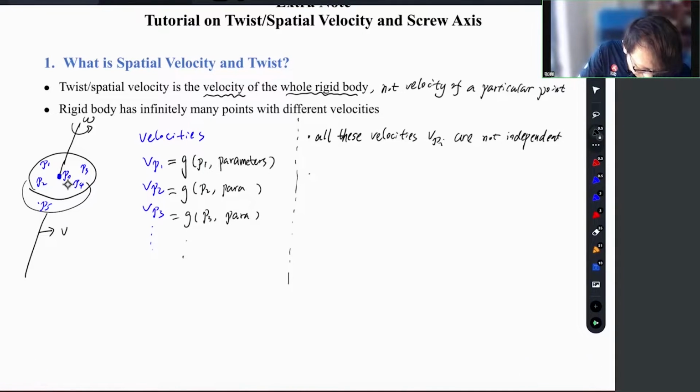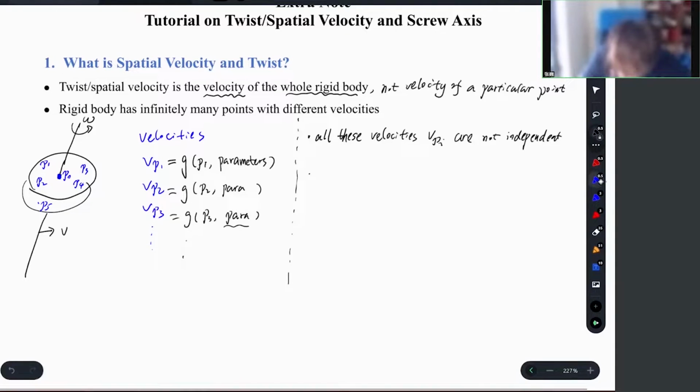In other words, any point velocity on the rigid body depends on the point's location, where it is on the body, and also on other things. We call them parameters here, and these parameters are common, the same, for the entire body.